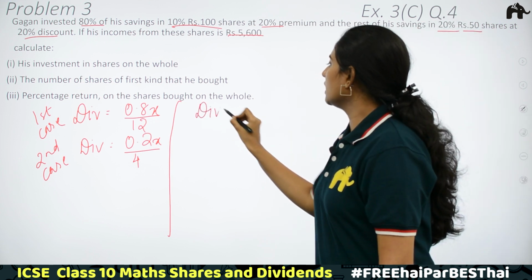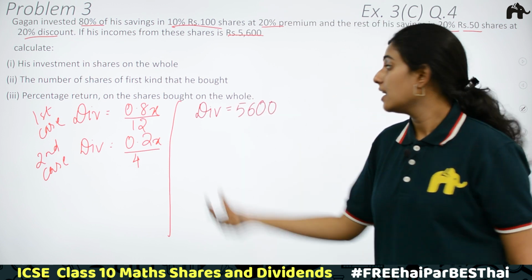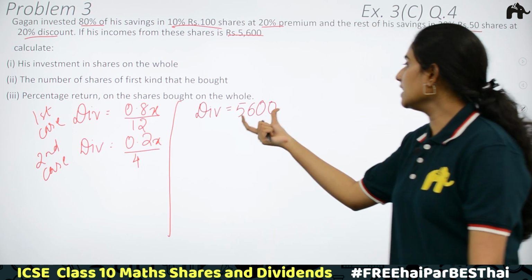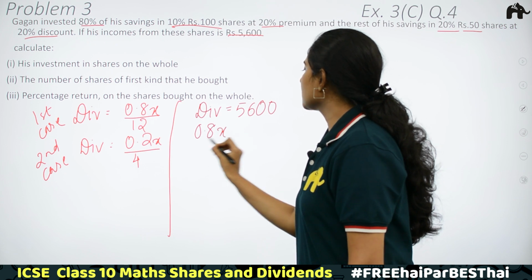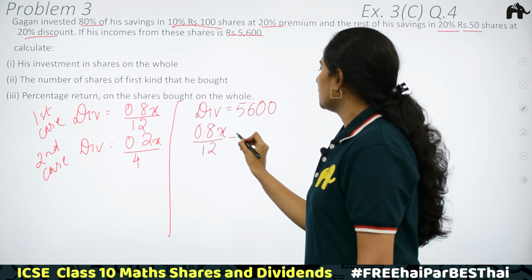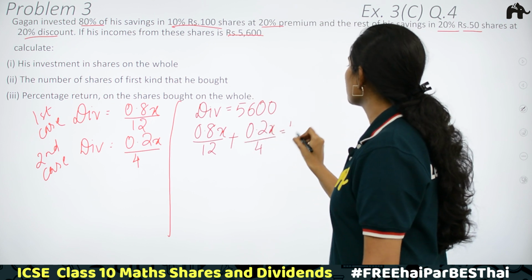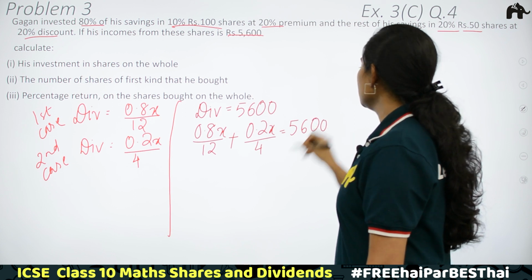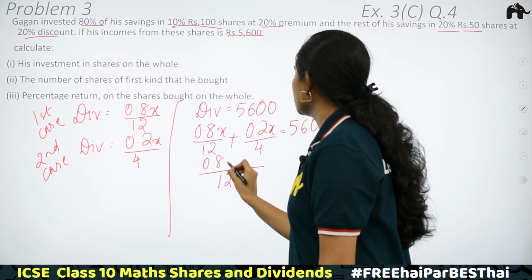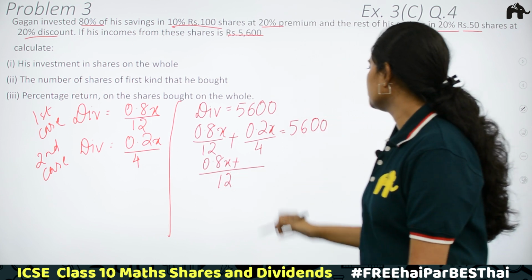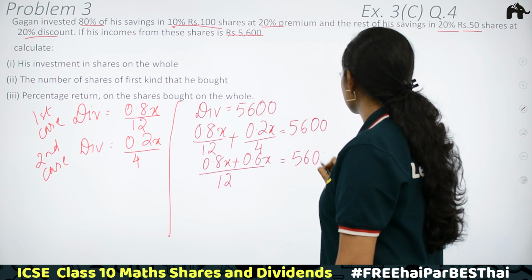Dividend is equal to 5,600, which means adding both of these you will be getting 5,600. 0.8x by 12 plus 0.2x by 4 is equal to 5,600. 12.8x plus 0.6x is equal to 5,600.